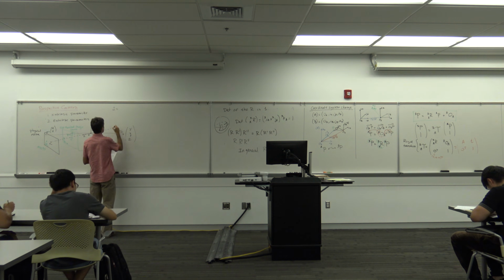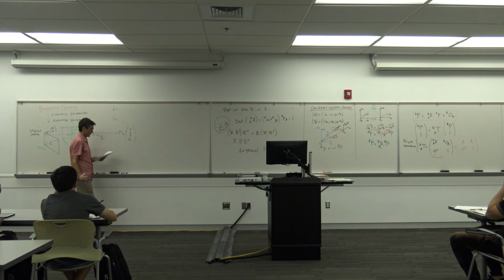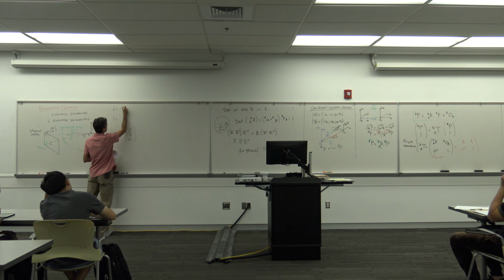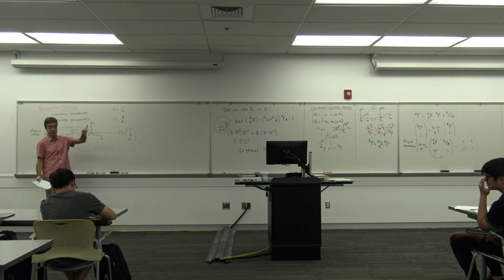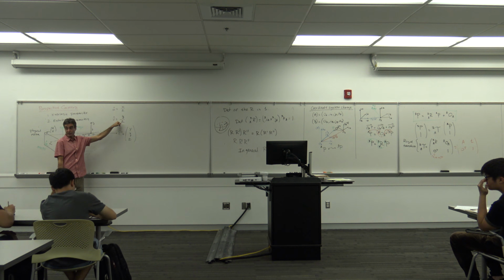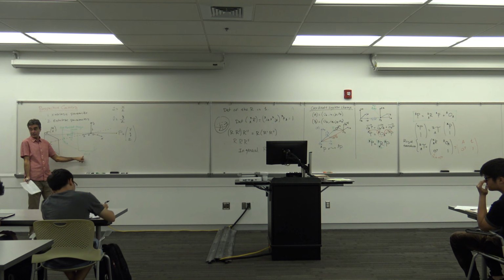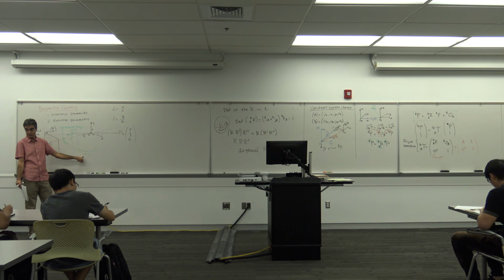U hat, V hat are equal to X over Z and Y over Z, right? Note that I'm not using F, the focal length, because I'm assuming that the focal length is 1.